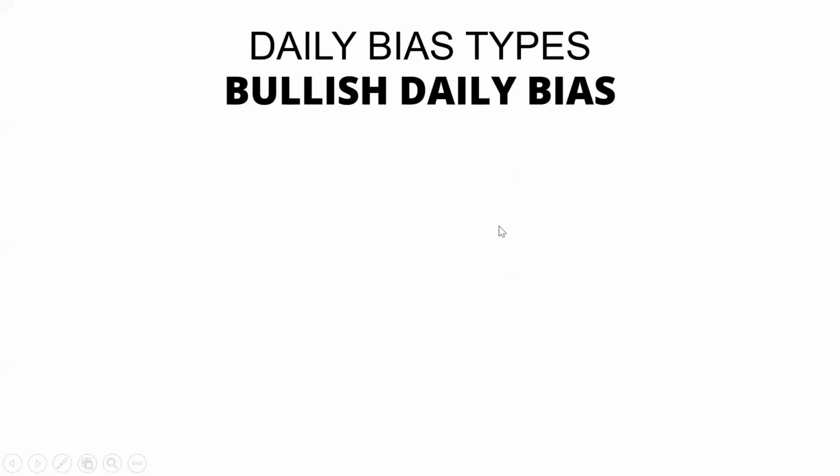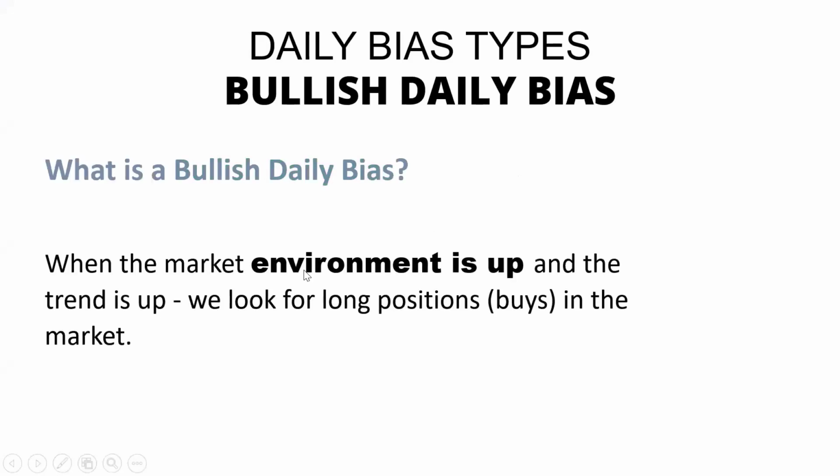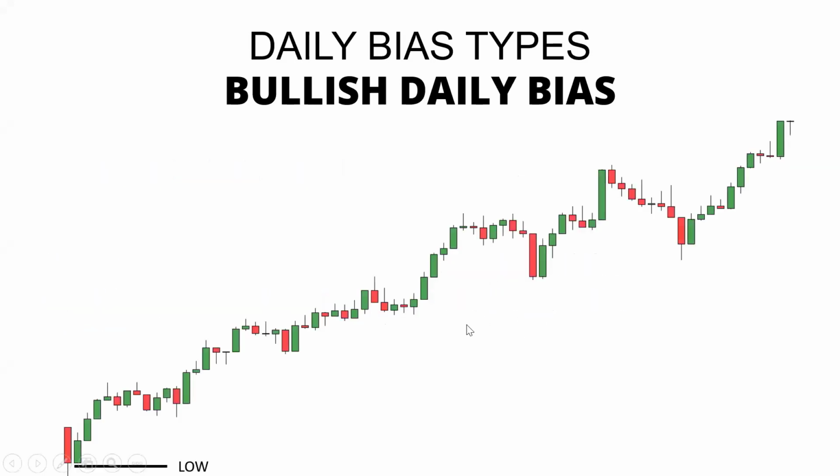So let's look at a bullish daily bias. When the market environment is up and the trend is up, we only look for long positions or buys in the market. So you can see there are higher lows.